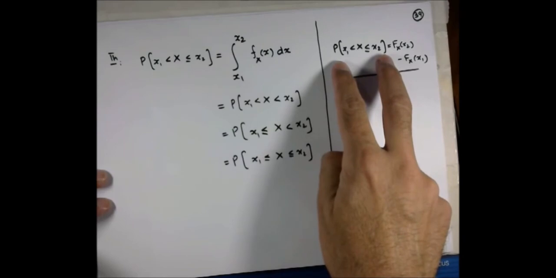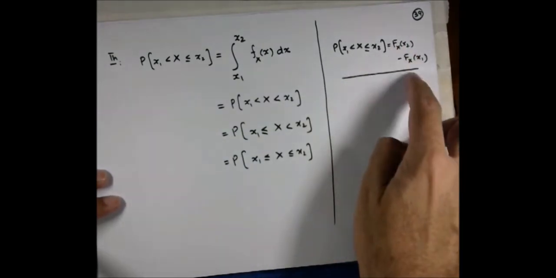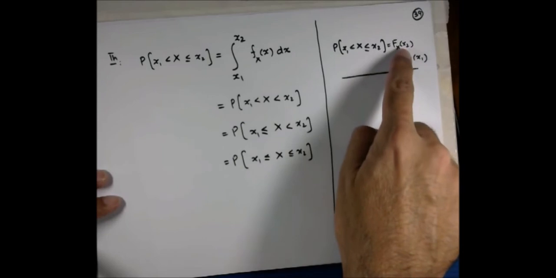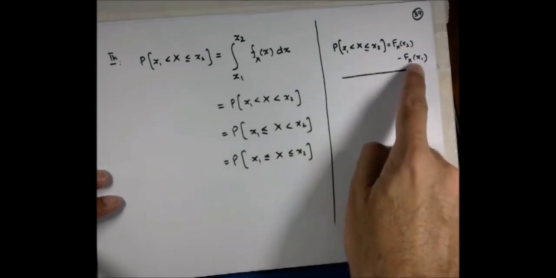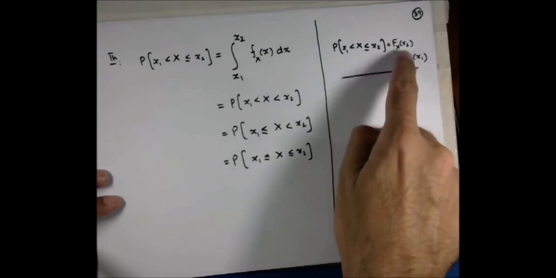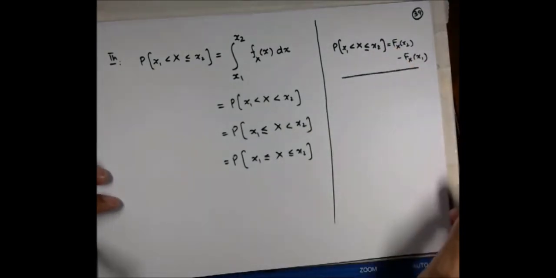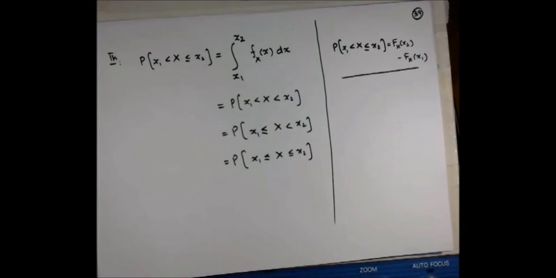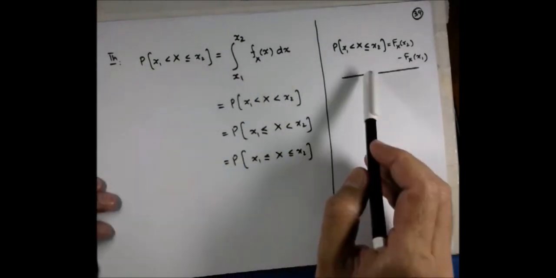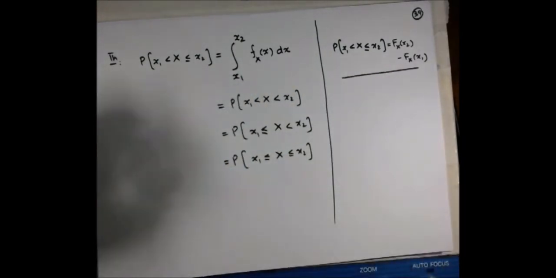This is very simple. You simply plug in the values of x2 and x1 in the expression of the CDF of the random variable, then you do the subtraction and you get the probability. But with the PDF, you may have to do some complicated integration. So to avoid this integration, this is always the easy way out.